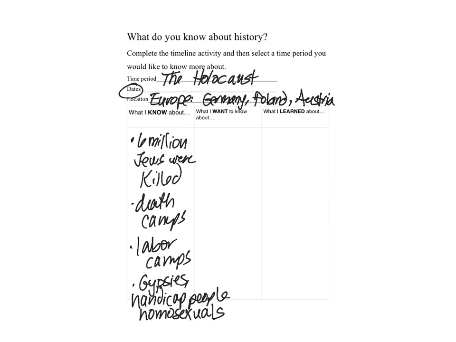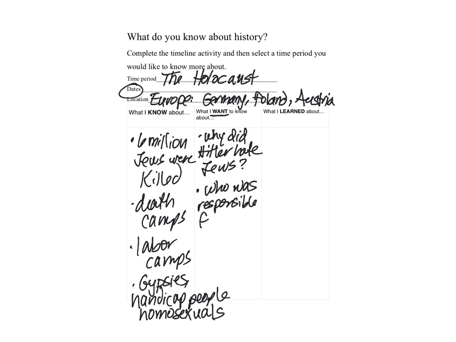So here is what I want to know. This is my W. What do I want to know about the Holocaust? So first question, why did Hitler hate Jews? I want to know who was responsible for the camps.